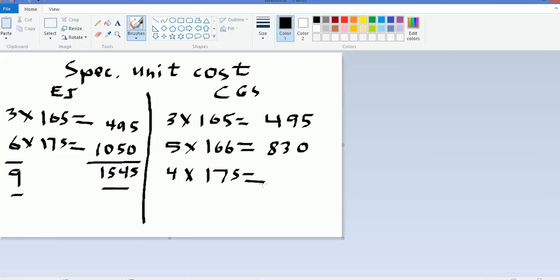Four at 175 is $700 even. Now you simply sum that which was sold: 700 plus 830 plus 495 equals 2025.